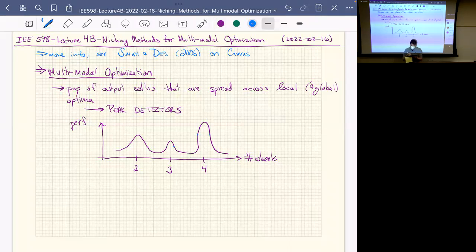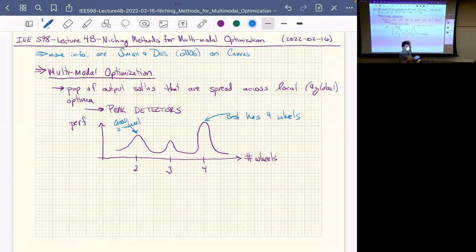Whatever it means to be a fractional wheel, you can see that there are these local designs. Even though the best vehicle you could build might have 4 wheels, it may be useful information to know that there is a pretty darn good 2-wheeled vehicle available. If you were just optimizing over the whole design space, you might find just the best 4-wheeled vehicle, and that might be fine, but it's nice to know that you have a portfolio of other options.